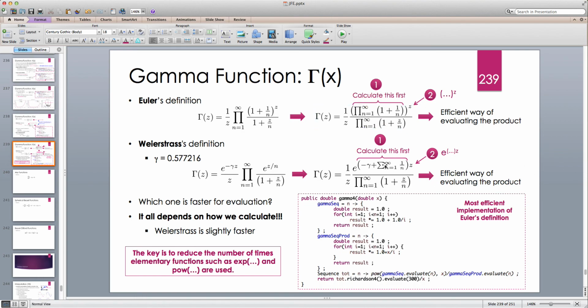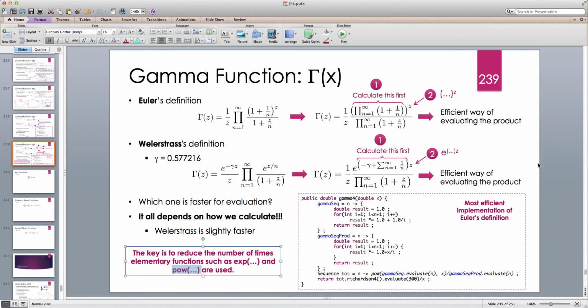Now compare it to the Weierstrass. In Weierstrass, 1 over z and this denominator are the same. However, here in the numerator, we sum the terms 1 to infinity of 1 over n, and then minus gamma, and then times z, and then take the exponential. So now in this implementation of the Euler definition, we are invoking the power function only once after calculating all this multiplication.